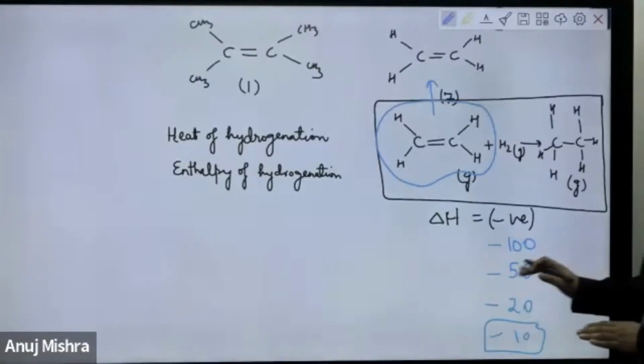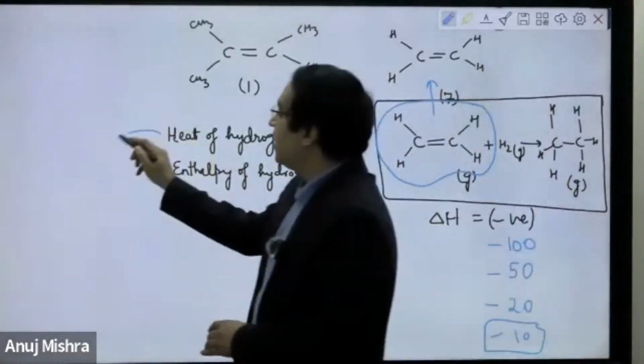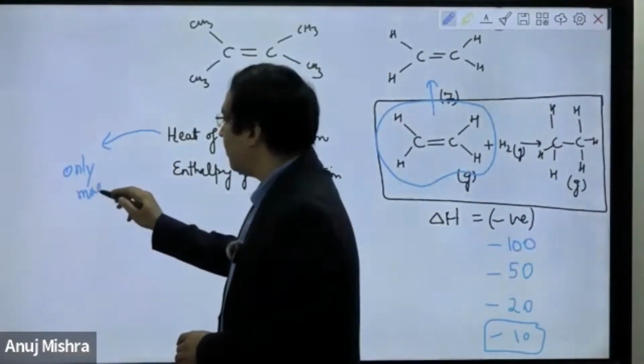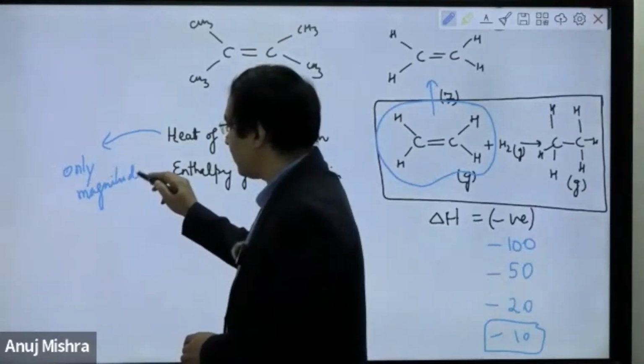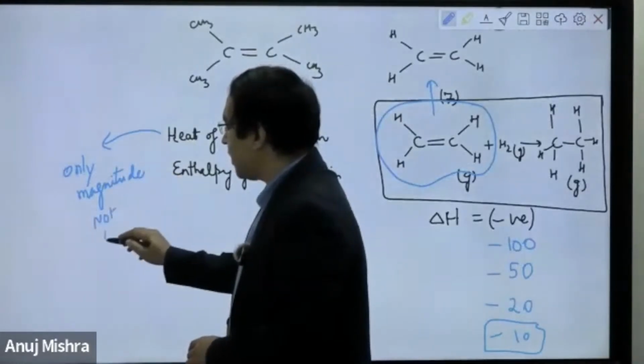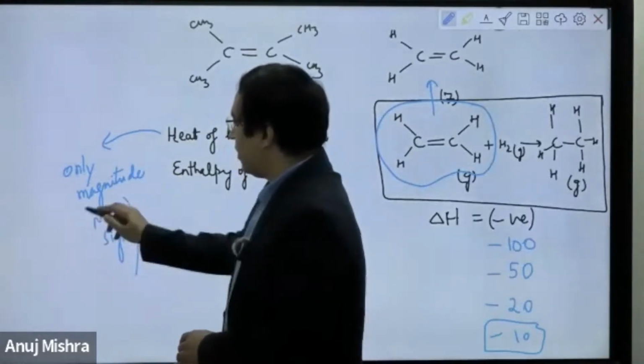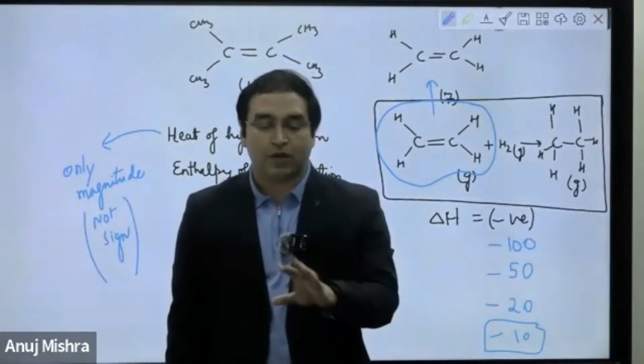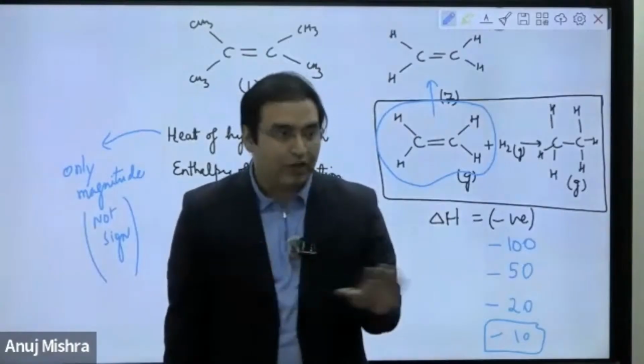But whenever you talk about heat of hydrogenation, generally the meaning is only magnitude, not sign. Ideally, the examiner should be clear about whether they want it with sign or without sign, but in 90% of cases they will not tell you.